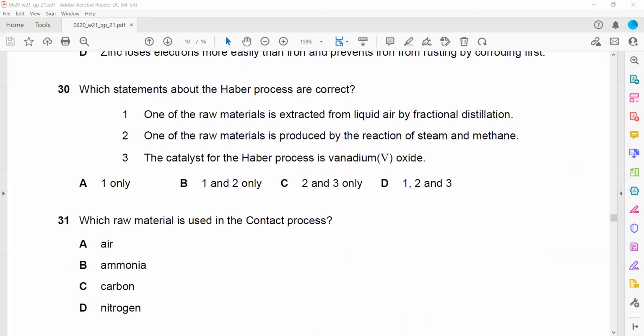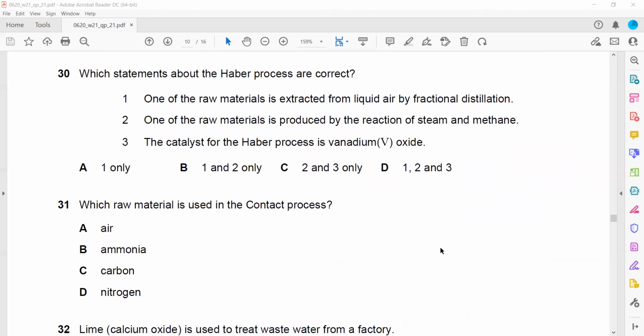In question 30, which statements about the Haber process are correct? One of the raw materials is extracted from a liquid by fractional distillation. That is true, because the raw materials are nitrogen and hydrogen.